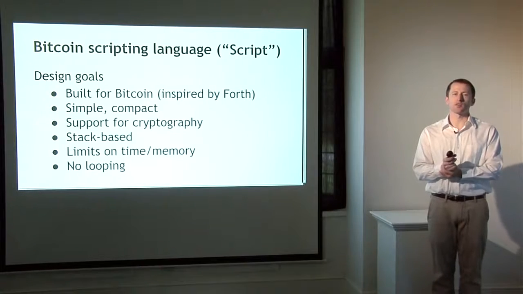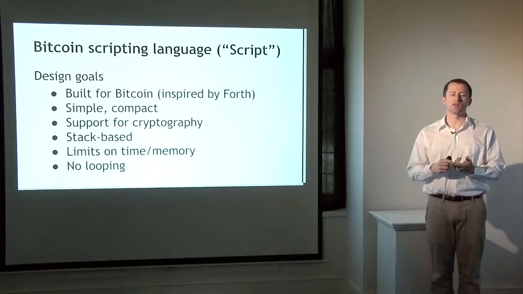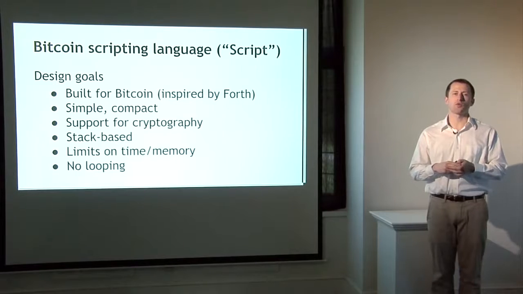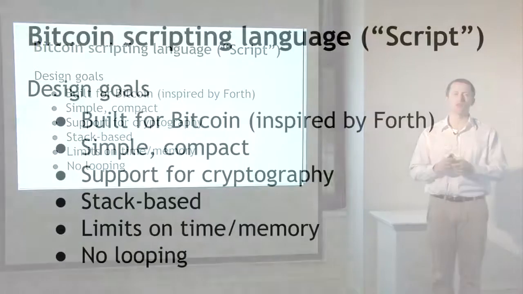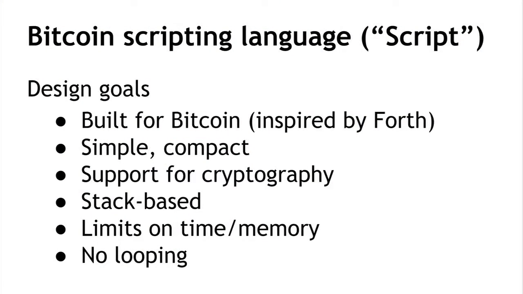The key design properties were to have something quite simple and compact, yet with support for pretty sophisticated cryptography. So there are special-purpose instructions to compute hash functions and to compute and verify signatures. And this is a stack-based language. You may have never seen a stack-based language before in your life, but I'll explain on the next slide what that means and why that was chosen.